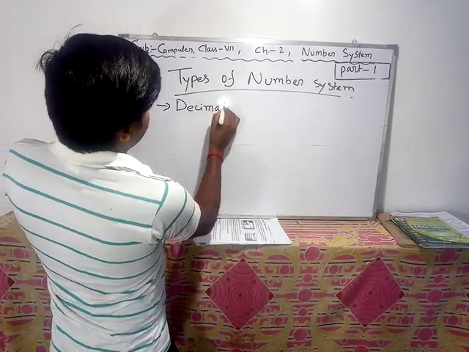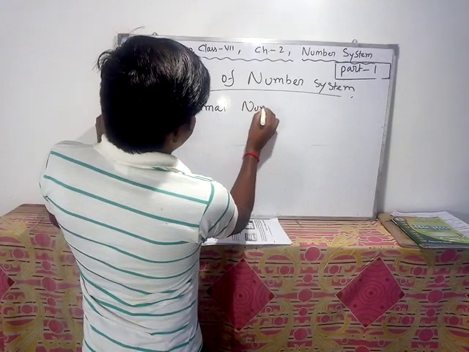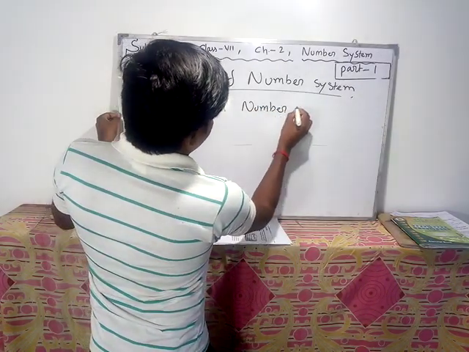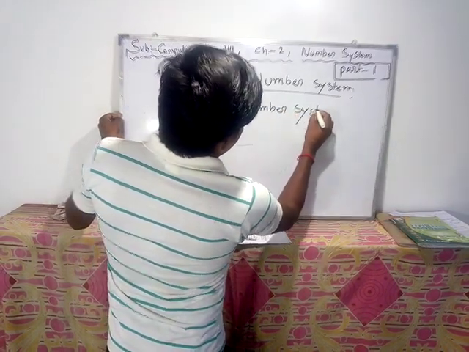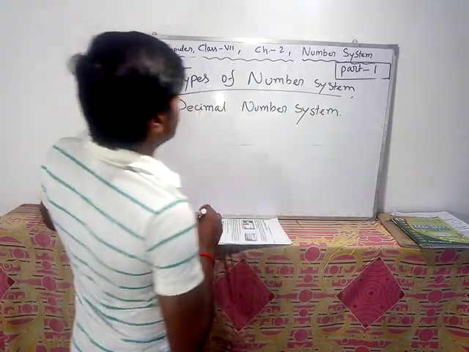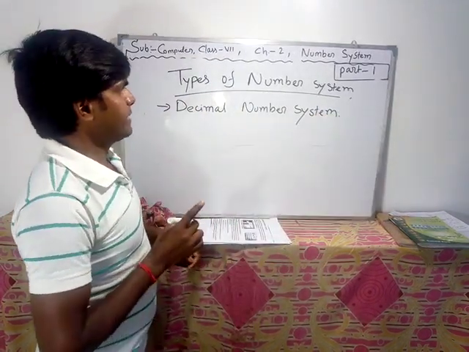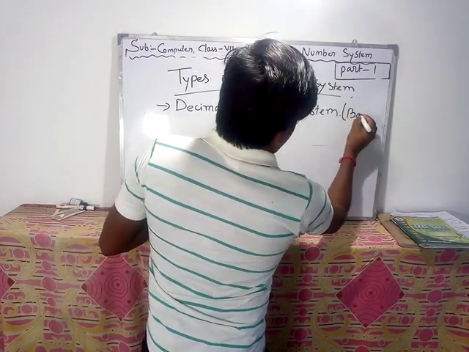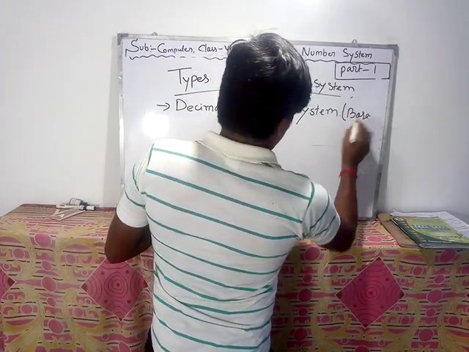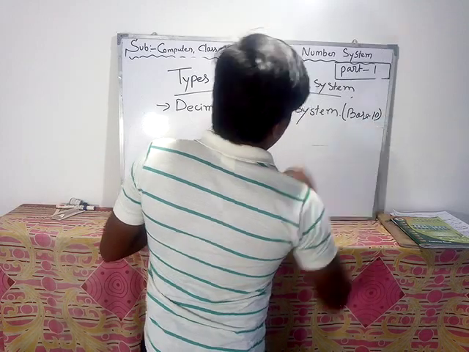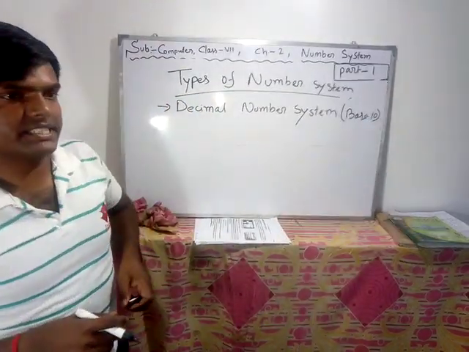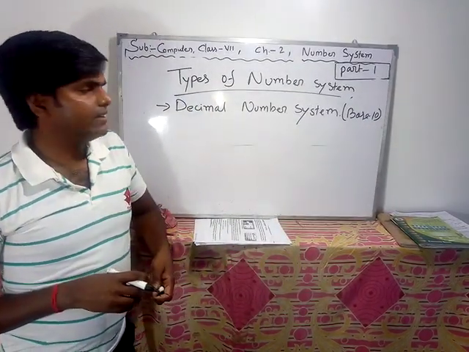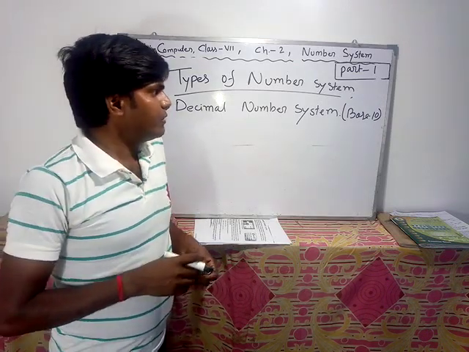The decimal number system has base 10. Why 10?